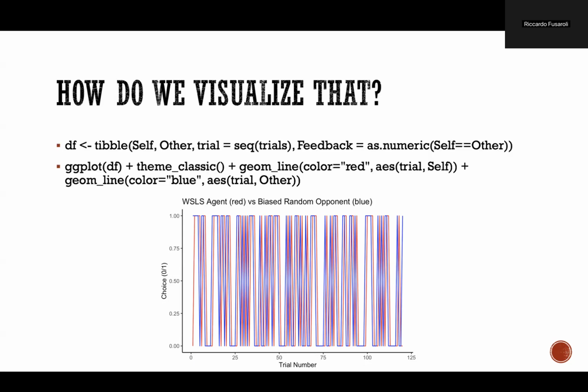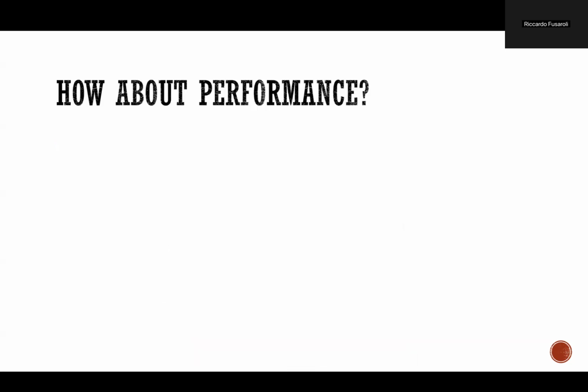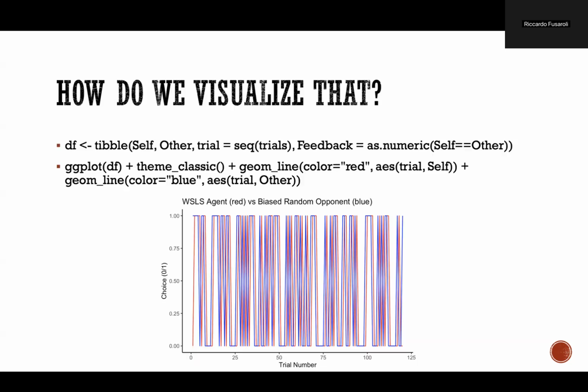This is the code. We don't need to go through that because it's really nothing else but what we've seen before. Trial self is red.